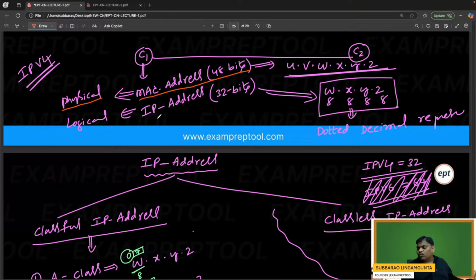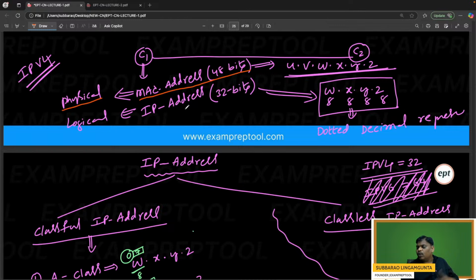Assume a computer is part of a network, and that network needs the internet. So every computer connected to the network needs an IP address.